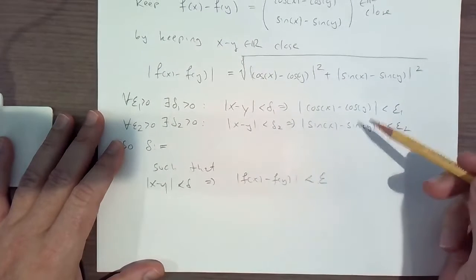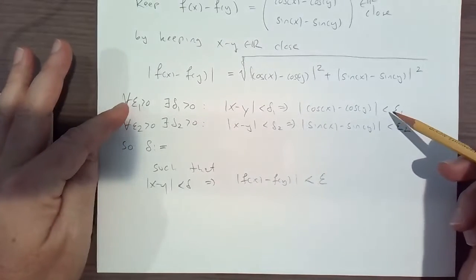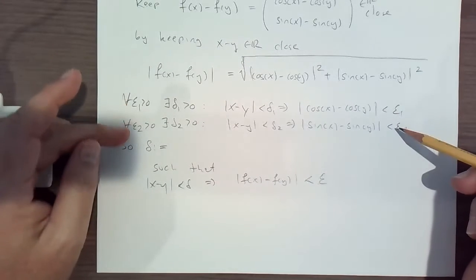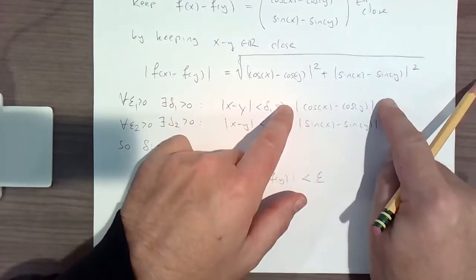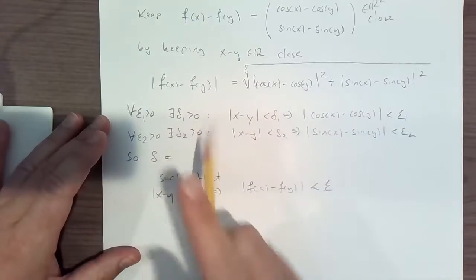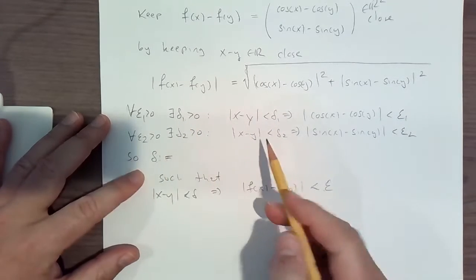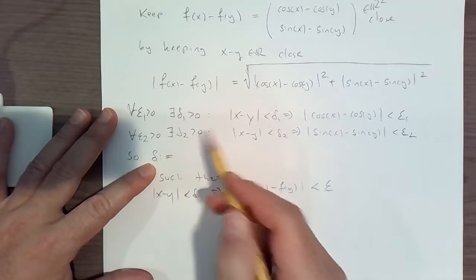And so I would ultimately have to prove that sine and cosine are continuous. So I have to establish this. But given that I can establish this, how would I then go about finishing it? Well, if I can keep these ones here close, so say I pick my delta to be, should I take the min, the max, should I add them, what should I do?